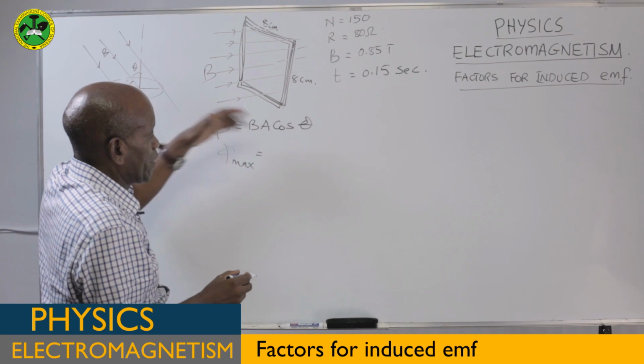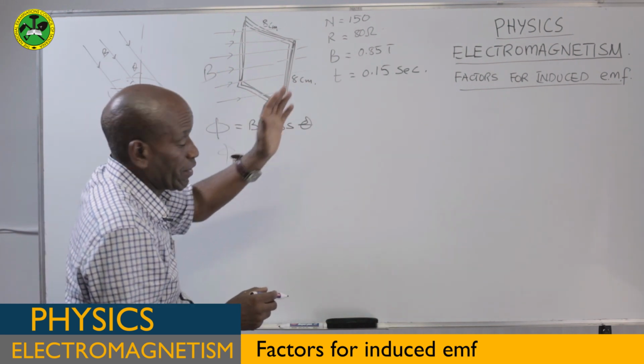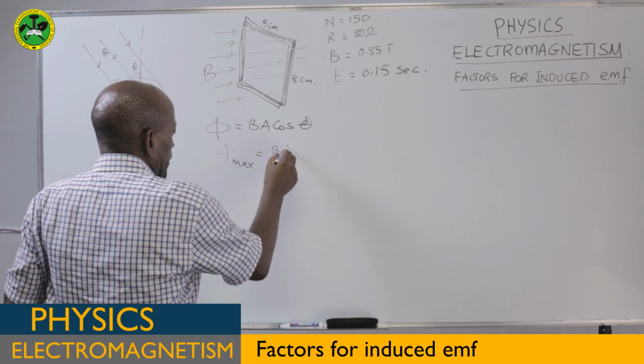The plane of the area here is perpendicular to the field. That's when we have the maximum magnetic flux, which is just equal to B times A.